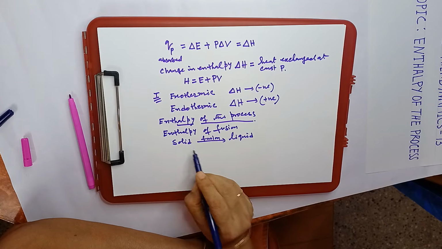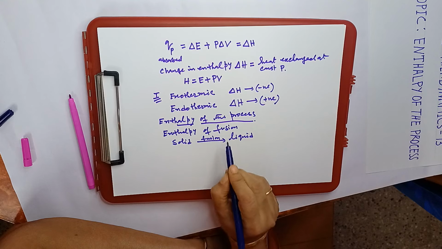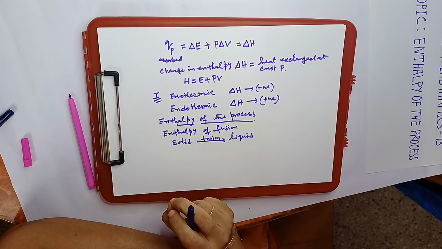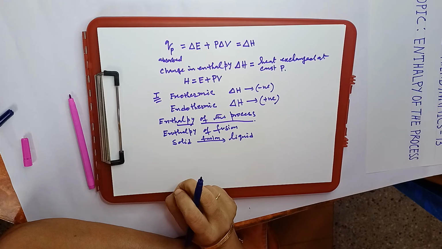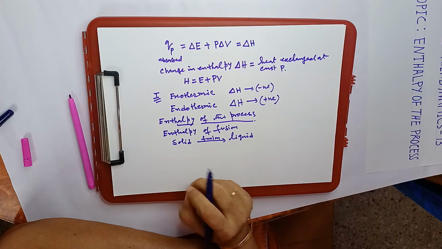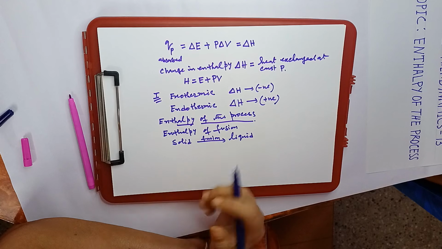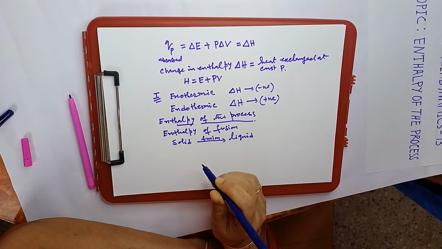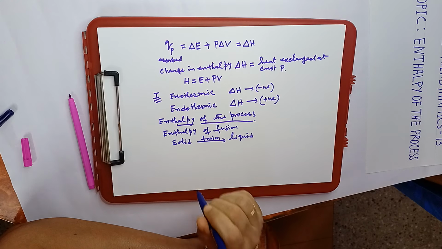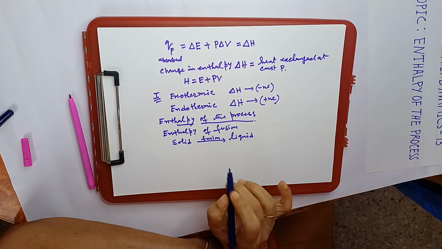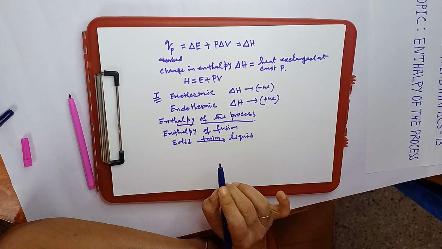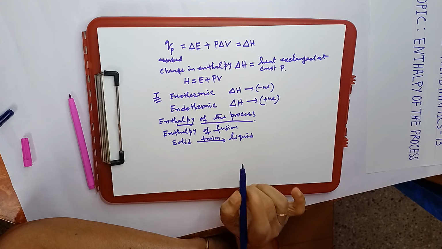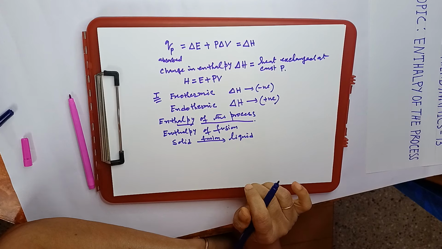And when I define the enthalpy of fusion, I have to consider 1 mole of the substance. And obviously, it takes place in an open vessel, open condition. Therefore, it occurs at constant atmospheric pressure. So during this state change process, pressure remains constant and temperature also remains constant.